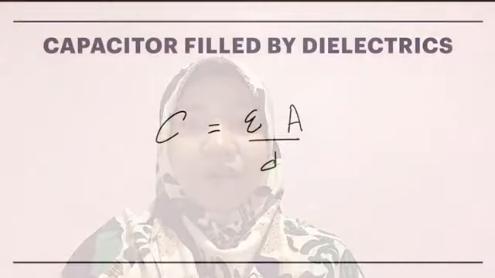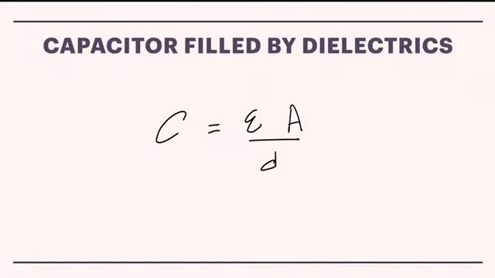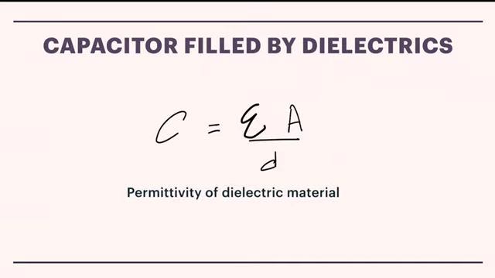When matter is present between the two plates, such as wax paper, glass, etc., we call it a dielectric, which is a non-conducting material or insulator. Now, the capacitance is given by C equals epsilon A over D, where epsilon is the permittivity of the dielectric material. If the dielectric completely fills the space between the plates, the capacitance is increased by a dimensionless factor called the dielectric constant.